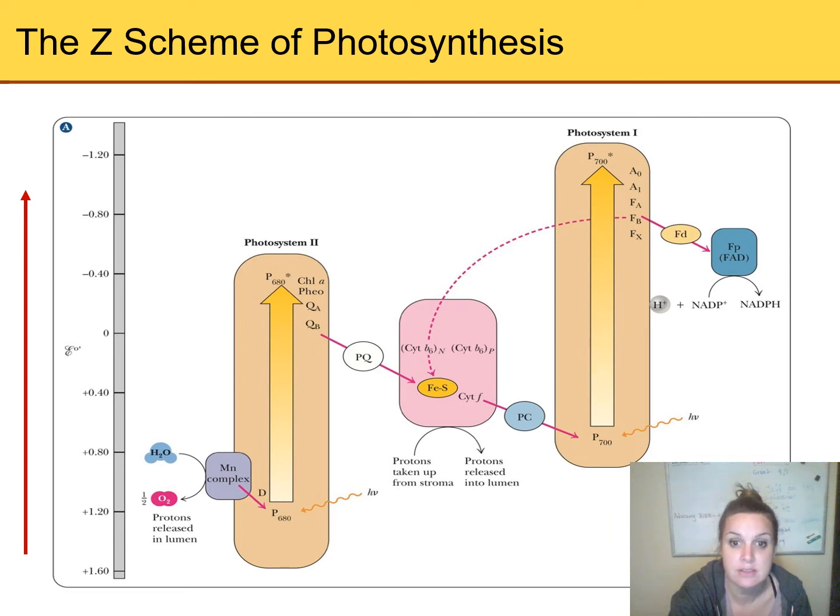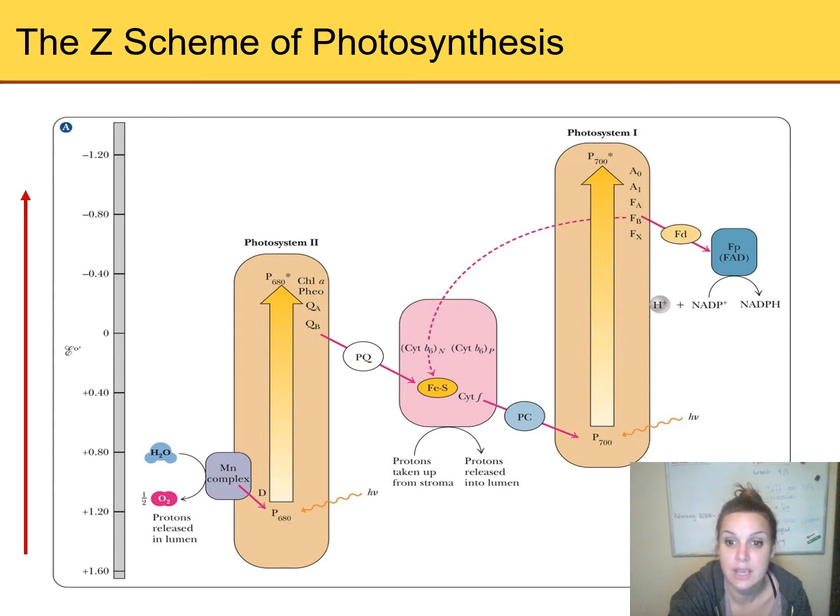And then they're passed along via the cytochrome carriers, and then they're moved to photosystem 1, where they're excited by light again, which ultimately leads to the reduction of NADP, or nicotinamide adenine dinucleotide phosphate, to NADPH with the hydrogens added. So basically, this is the flow of electrons.